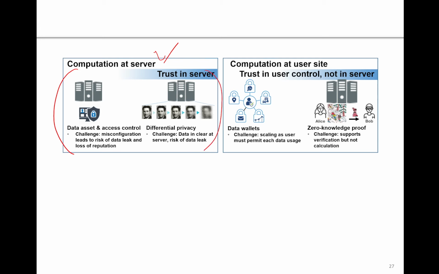Differential privacy is sometimes applied if companies have some critical data, they want to make others benefit from it, but they don't want to reveal their data explicitly. So sometimes they use it. Still, you have to trust the company, but it's a little bit more security against external attackers.